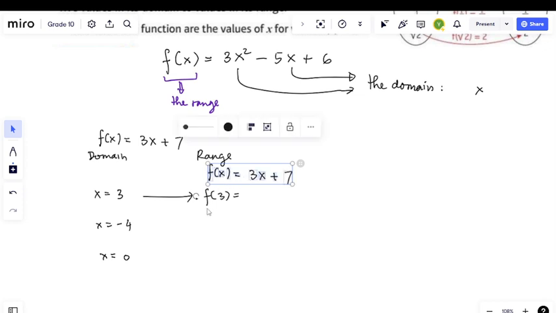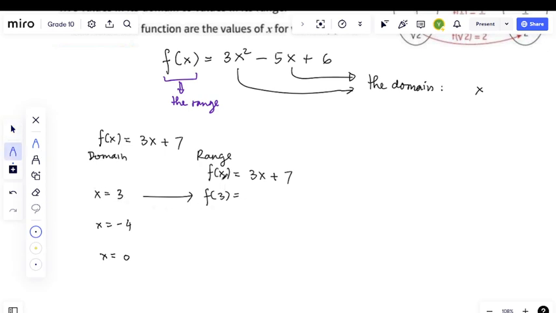Since I have f(x) is 3x plus 7, so when the domain of x is turned into 3, berarti huruf x-nya yang di sini semua Mister ganti 3. Kalau ada x lagi yang lain, Mister harus ganti juga.